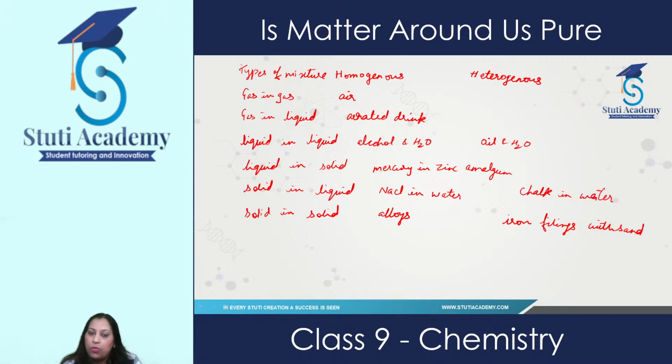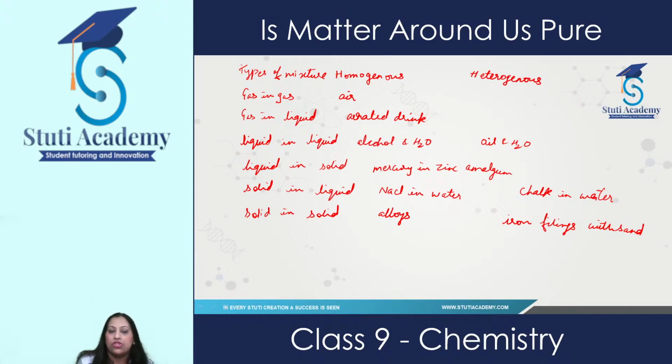Then solid in liquid, NaCl, which is sodium chloride, salt which we are consuming, in water. When you mix salt in water, it can easily dissolve. Or sugar, you can also take as an example in this homogeneous mixture. And heterogeneous is chalk in water. It cannot dissolve. It makes a separate layer.